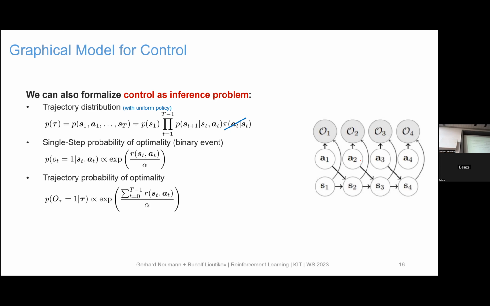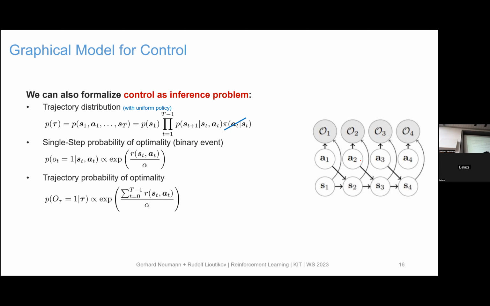We see the graphical model here on the right. It just indicates all the random variables that we have and the dependencies of these random variables. So the arrows indicate the dependencies. S2 depends on S1 and A1.